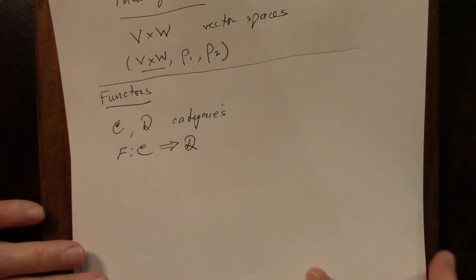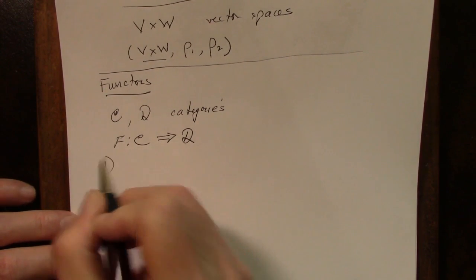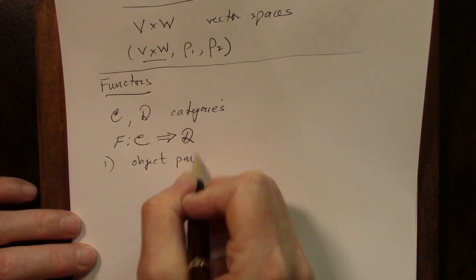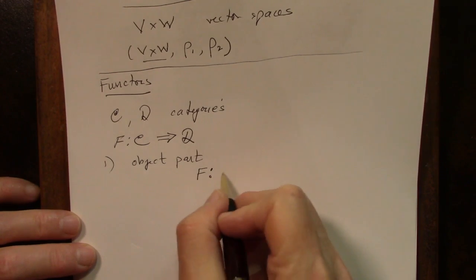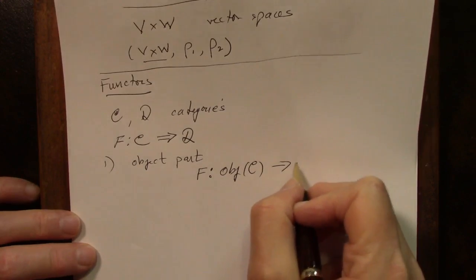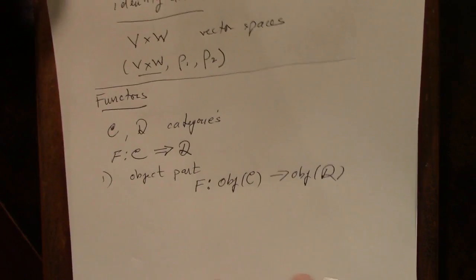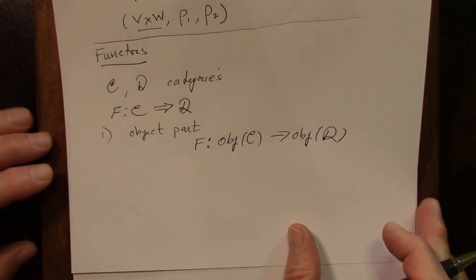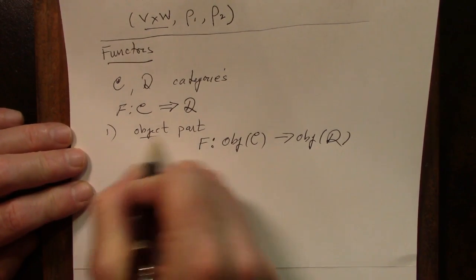So a functor from C to D is going to have two parts. First, it's going to have an object part, which is a map, again denoted by F, that sends the objects of C to the objects of D. And this I call the object part of the functor.